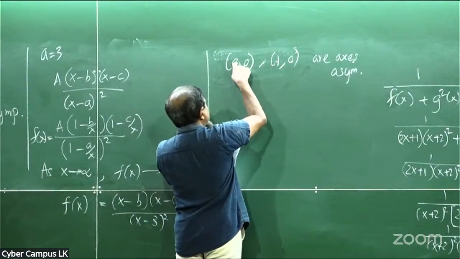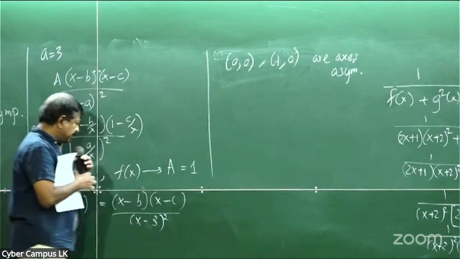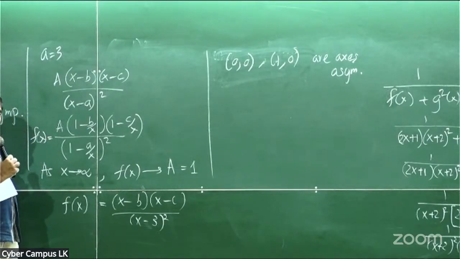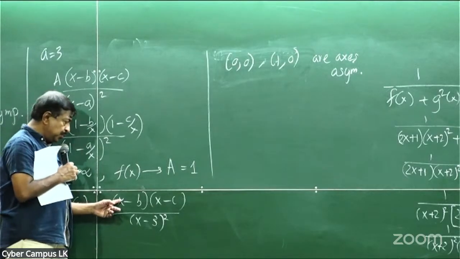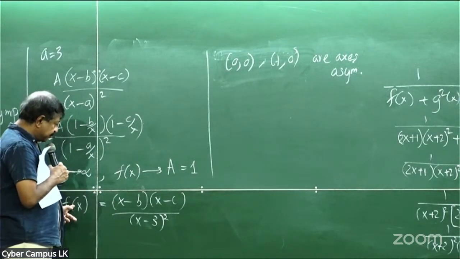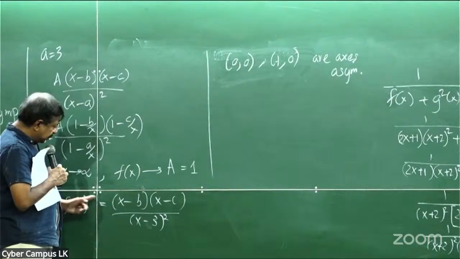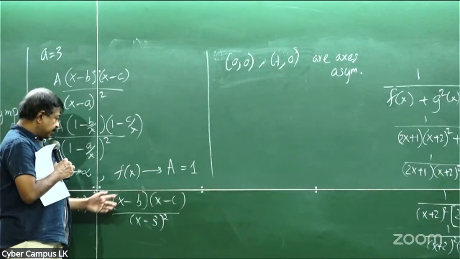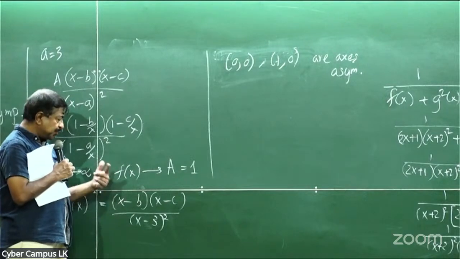When x is 0, y is 0. Y means f(x). You can take it as y. So what are the values of b and c? When x is 0, if you want, you can plug in 0, this is 0. If this is 0, the upstairs should be 0. So what are the two values of b and c?